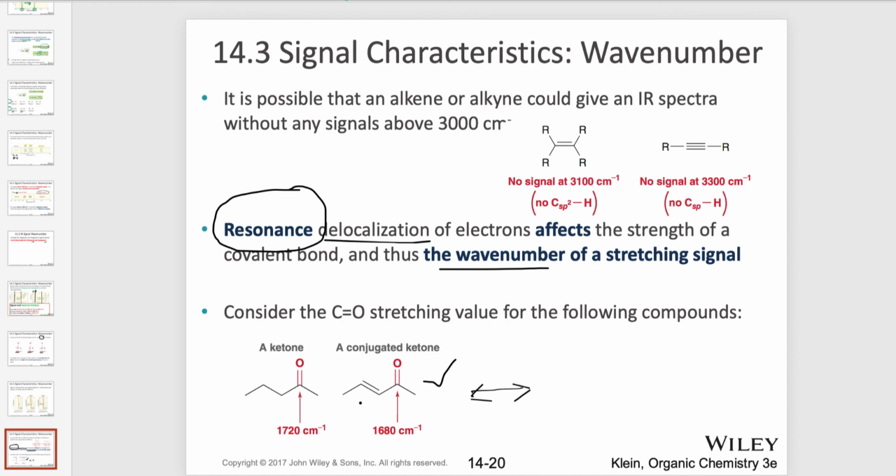We can actually draw 3 structures for this one, and we can only draw 1 structure for this one. So the carbon-oxygen double bond will have no effect on or communication with the rest of the structure. And see what happens. If it's a regular ketone, it's at 1720. If it's a conjugated ketone, it moves to a smaller number because the double bond character is actually closer to a single bond character.